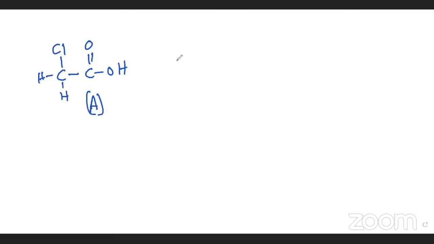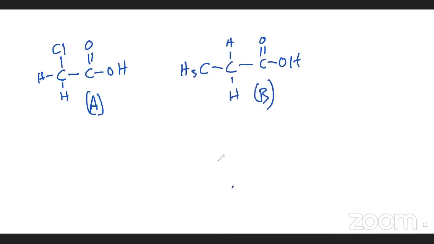So that's compound A. So there are 2 carboxylic acids. The difference is this chlorine atom here.